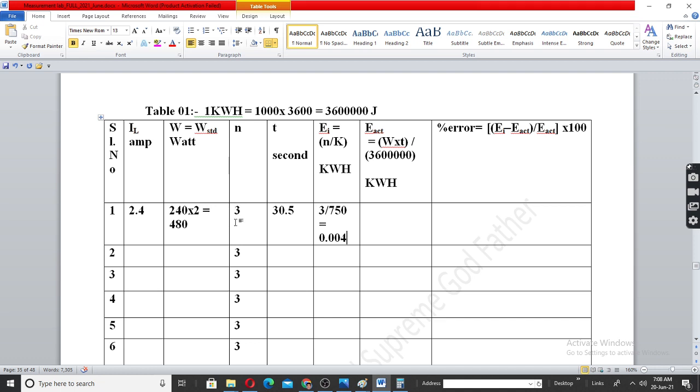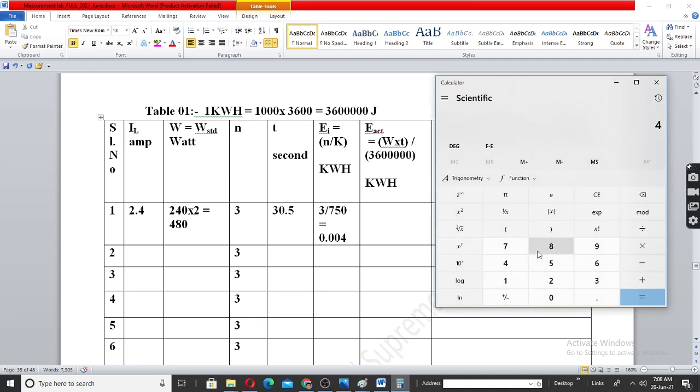W into T, now W is 480, into T. 480 into 30.5, you will get 14,640. That is so much joules.